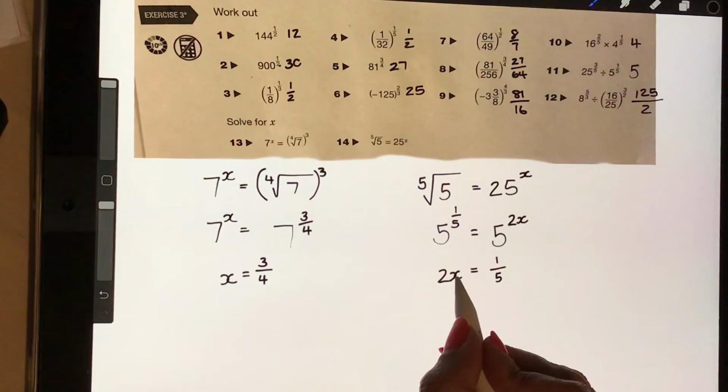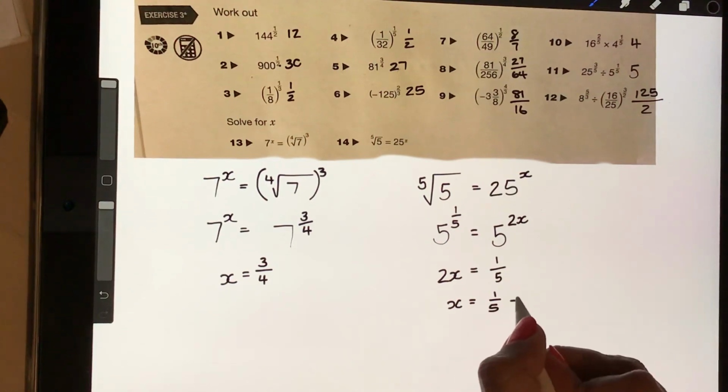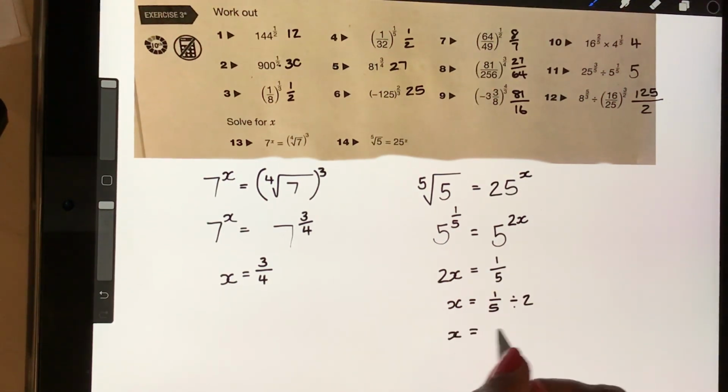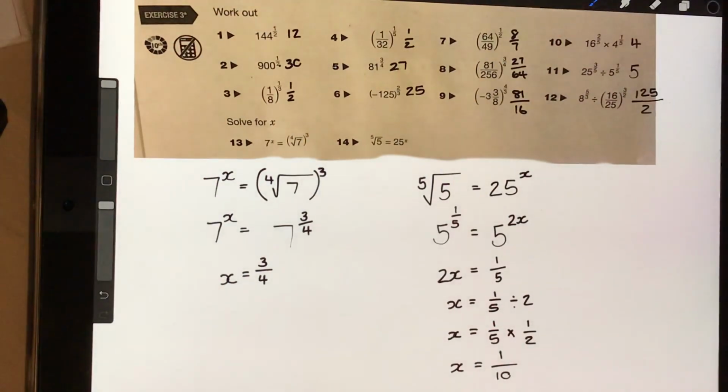Right, we want to get x alone, so we divide both sides by 2. So x is equal to a fifth divided by 2. KFC applies, so it's a fifth. Keep the first one, flip the second one, change the sign, so x is equal to 1 over 10. And that is it for exercise 3 star.